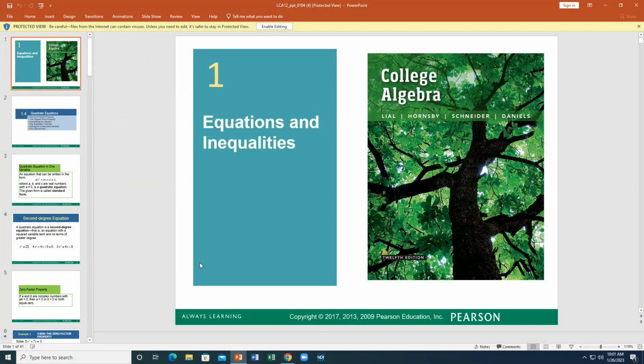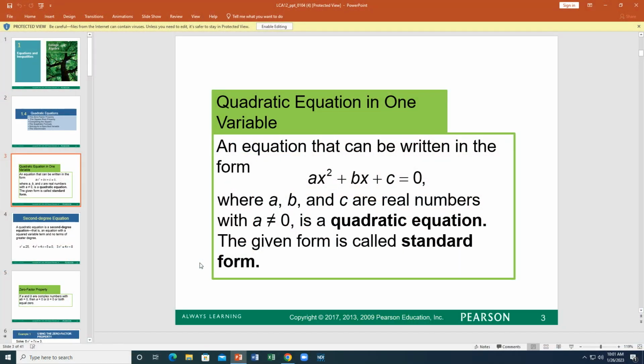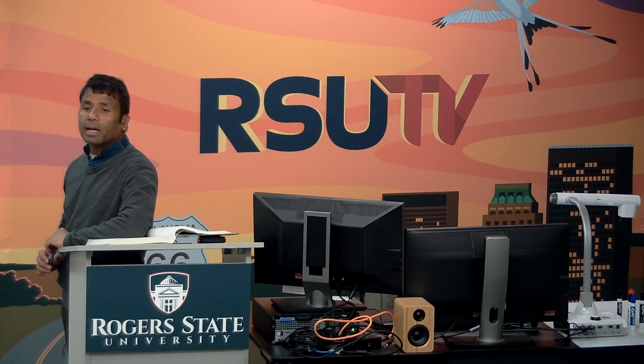So this is a quadratic equation. If you have any equation that can be written in the form ax squared plus bx plus c equal to 0, where a, b, and c are real numbers and a is not equal to 0, then it is quadratic.